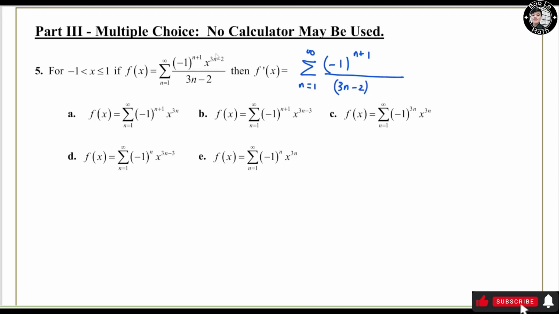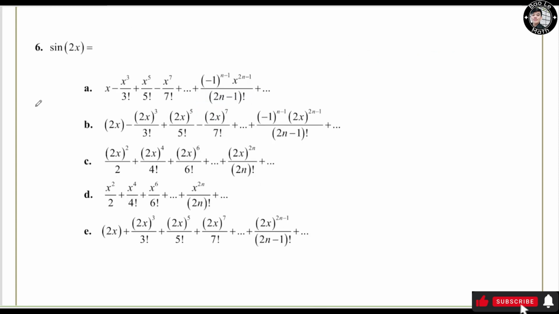Now you just bring this one to the front. So it's going to be 3n minus 2 times s raised to the 3n minus 2 minus 1, which is going to be minus 3. Now this guy and this guy cancel out, so the answer must be B.